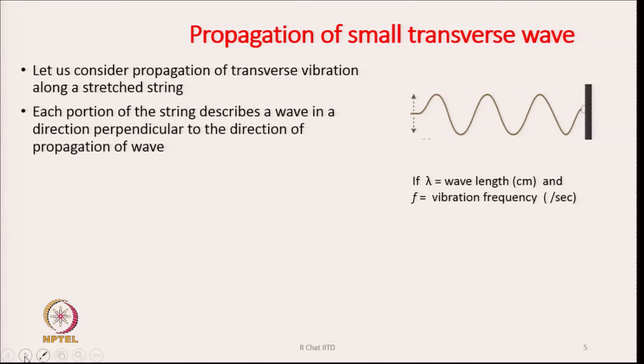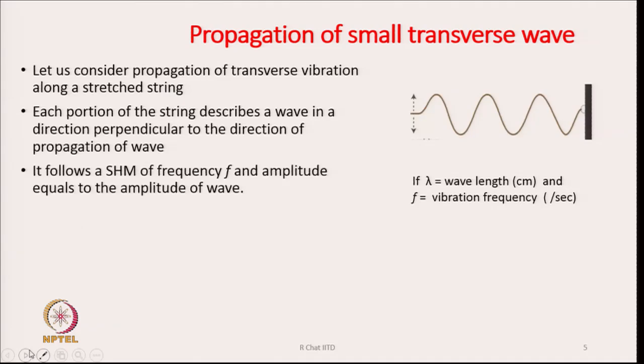So, let us consider propagation of transverse vibration along a straight string. As shown in the diagram, lambda is the wavelength and f is the vibration frequency. Each portion of the string describes a wave in the direction perpendicular to the direction of propagation of the wave, and it follows an SHM of frequency f and amplitude equal to the amplitude of the wave.